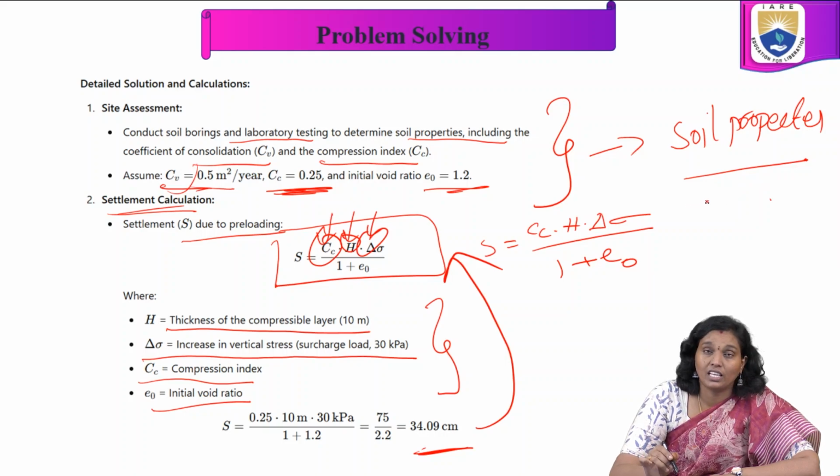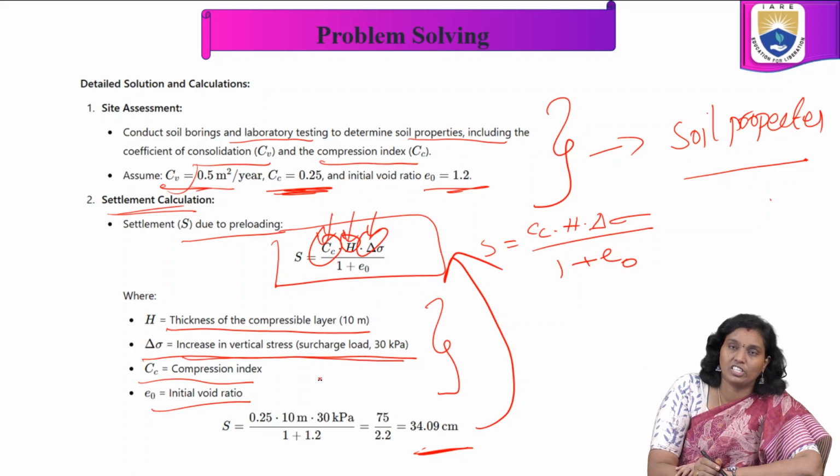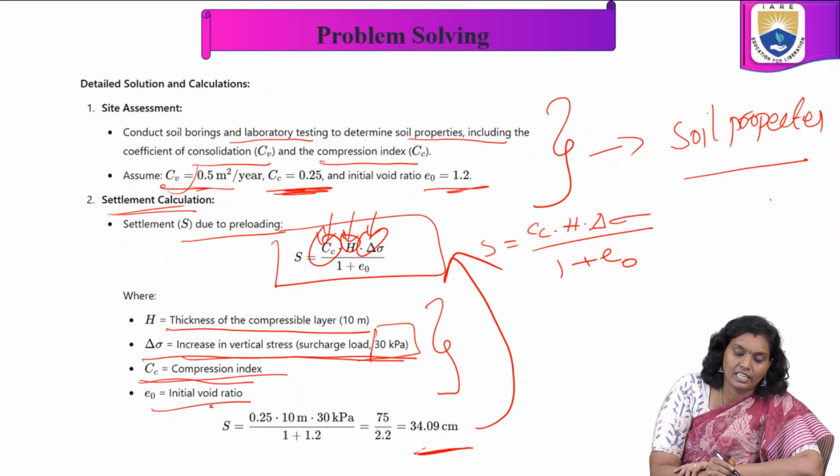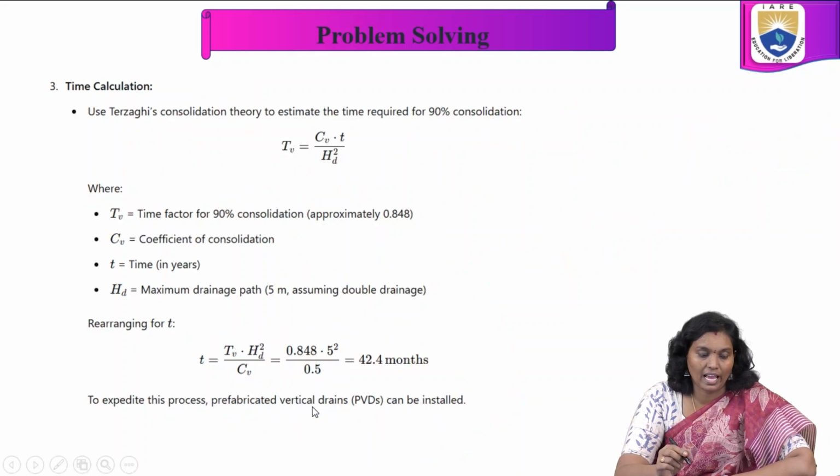Once we get those values, we find the settlement calculation due to preloading, where H is the thickness of the compressible layer, delta sigma is the increase in vertical stress, the surcharge load is 30 kPa, the compression index is 0.25, and the initial void ratio is 1.2. Using these, we get the settlement.